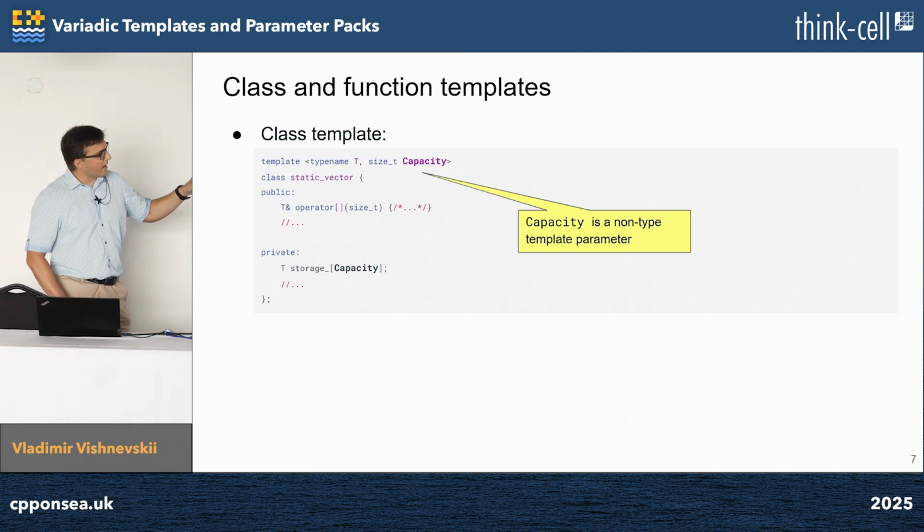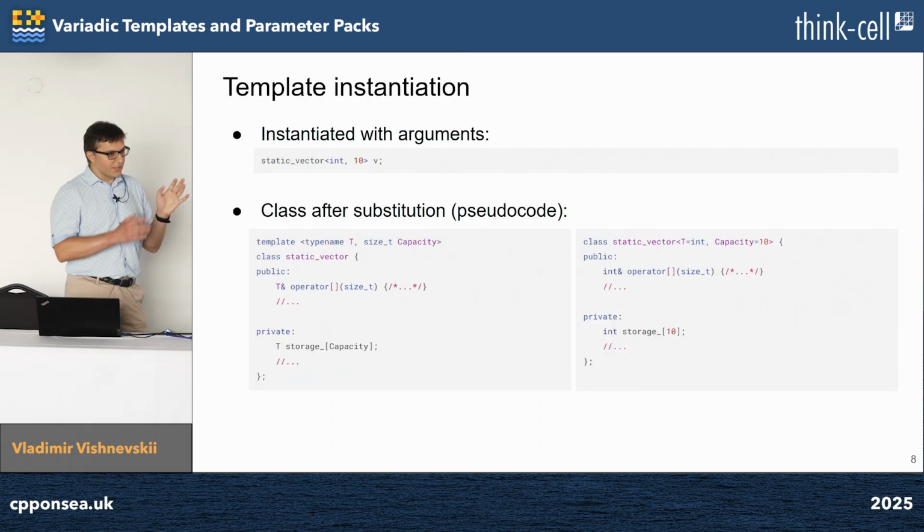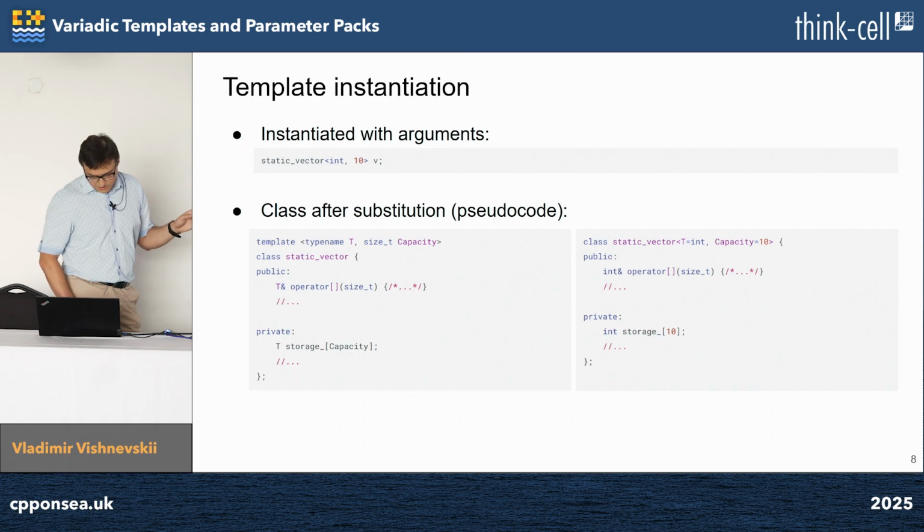How this will be handled and how we can use it is depicted on the next slide. To use the template, we need to instantiate it. How the instantiation and the substitution of the parameters by arguments will be handled by the compiler is depicted here.